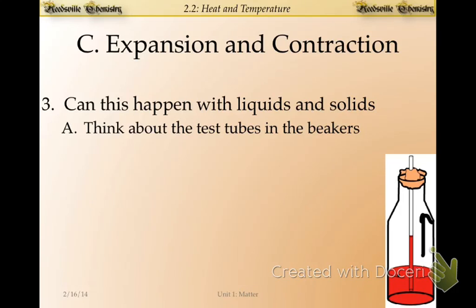So the molecules that are making up the red liquid are moving faster and faster, and when they do that, they spread out further and further, just like the gases in the balloon. Well, they can go two ways. They can go up inside the bottle, or they can go up inside the skinny tube. And there's a little property known as cohesion.